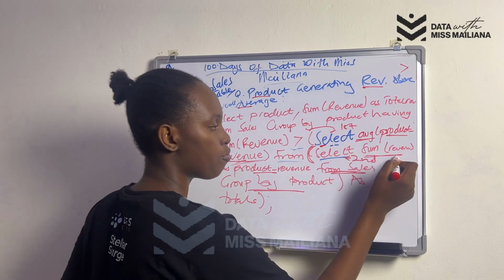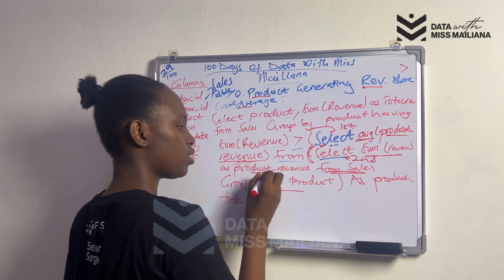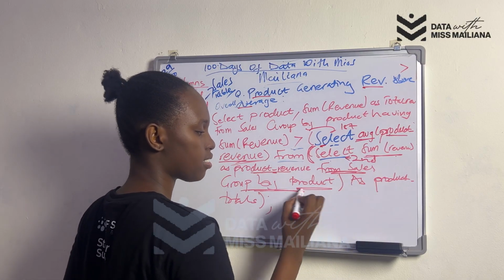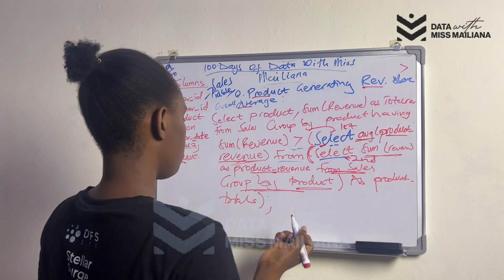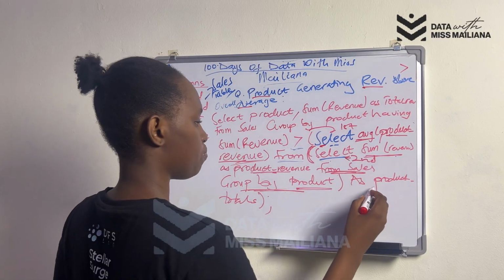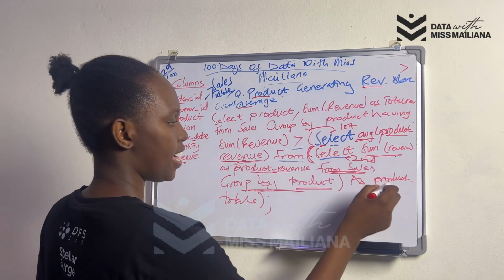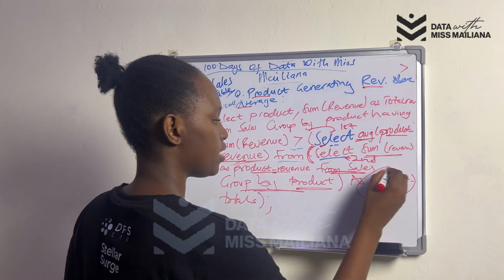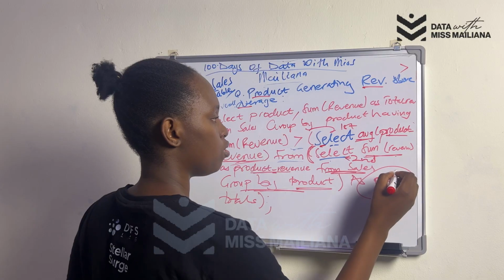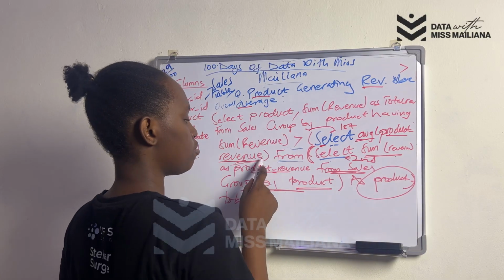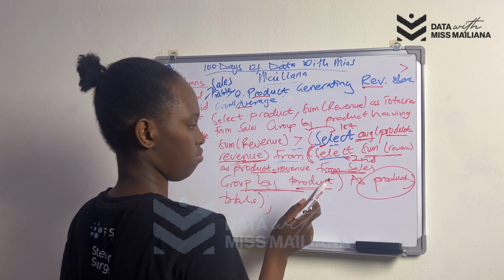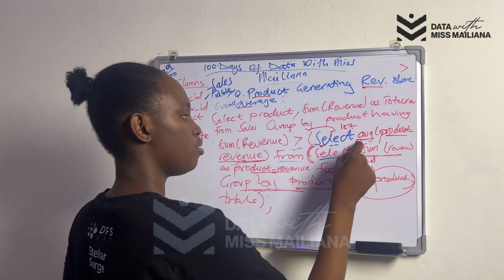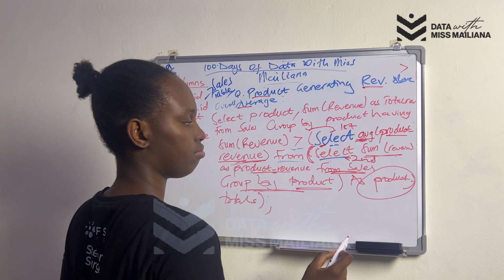Select sum of revenue and name it as product revenue from the sales, whereby you group it by the product, as product totals. So in summary, the product total is now going to be used to enter into the revenue. Do you get? And then you find the average.